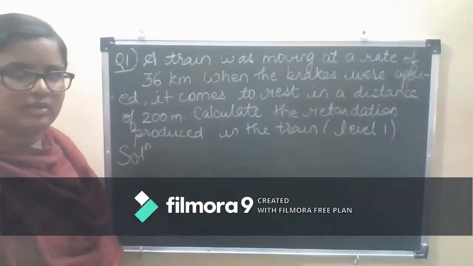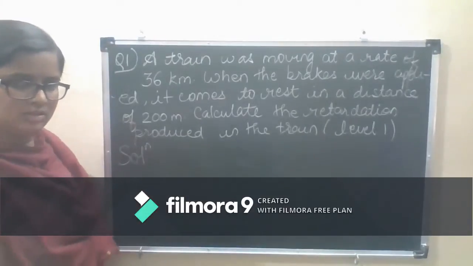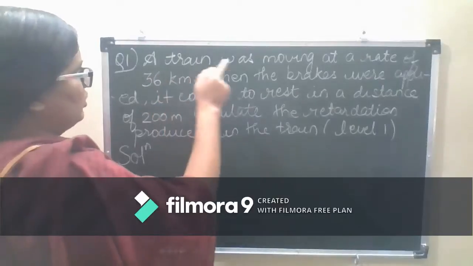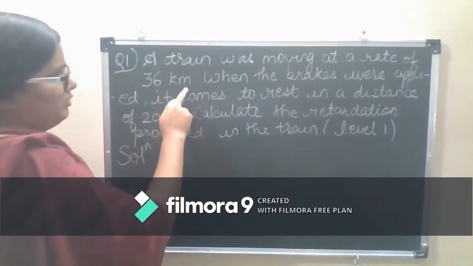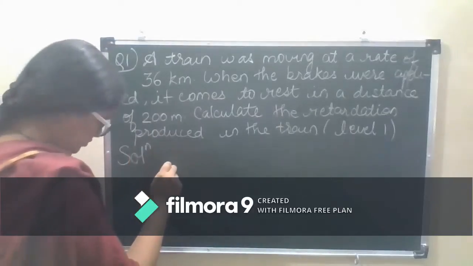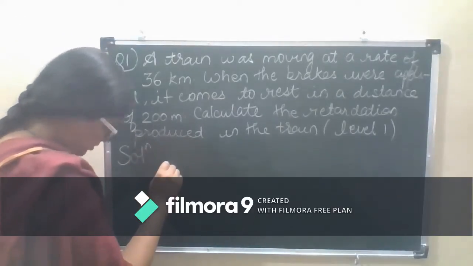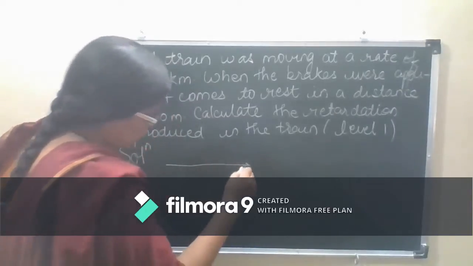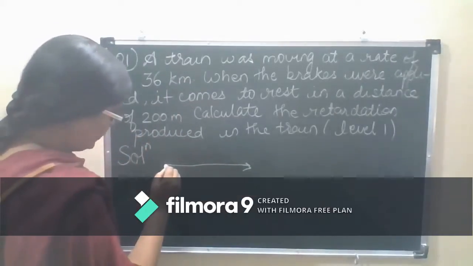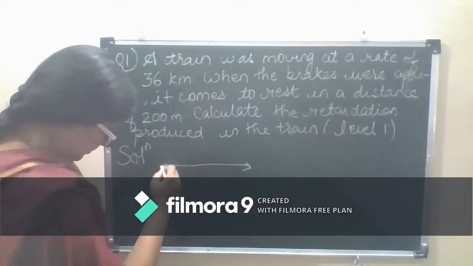Now for another example, consider that a train was moving at a rate of 36 km per hour. This is a train, and this is the point where the train is moving.